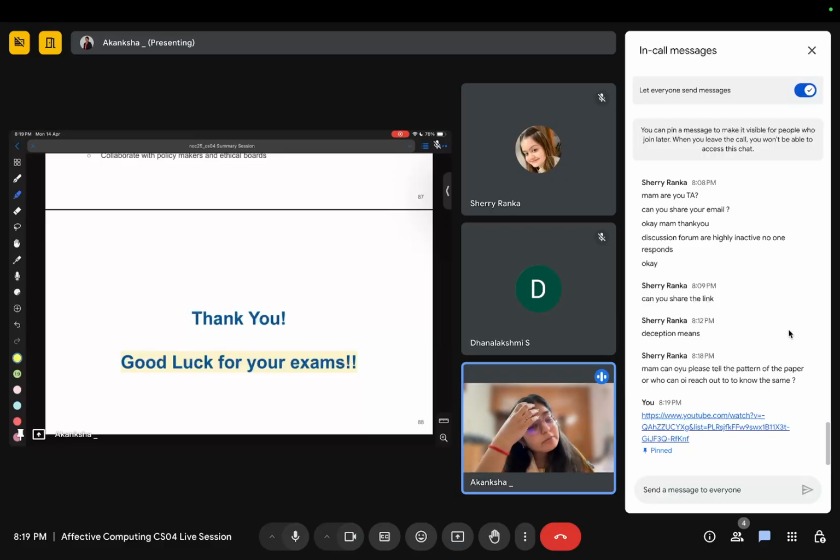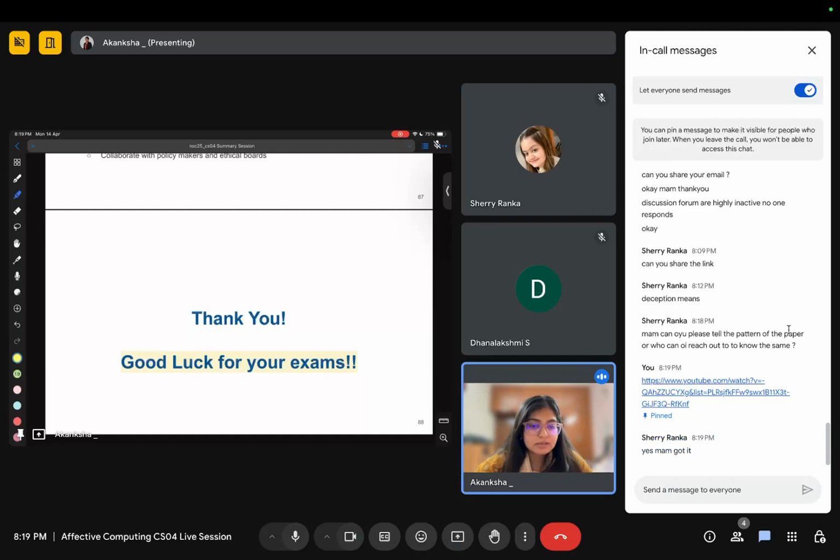Okay, the pattern of the paper, I think last time also I asked the TAs. I think it is very similar. It is going to be similar to the assignment pattern. However, I'm not sure, so you should also ask the same questions from the team. So mail them, or post on the discussion forum.